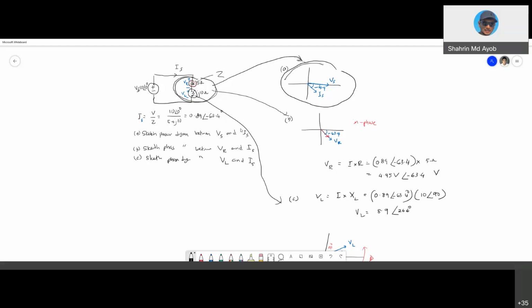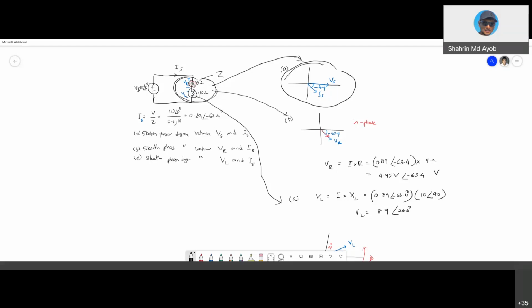For example, at this point this is an inductive load, meaning that the total current that you calculate must always lag the voltage by some degrees of phase. And for the second question, you are asked to sketch the voltage across particular elements, which is the resistor.